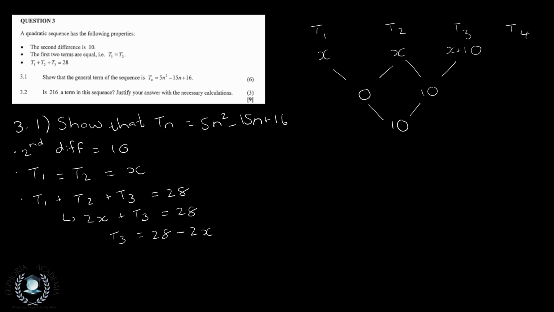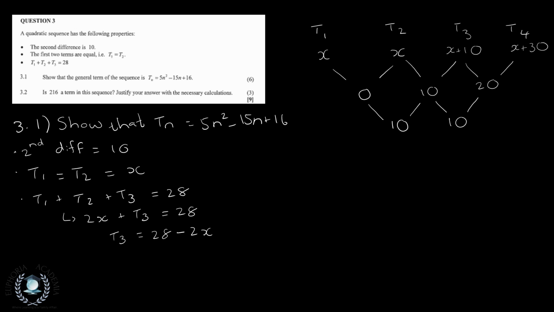We know that they have the same common difference. So 10 plus 10, that is going to give us 20. And what we have here is x plus 10 plus 20. We're going to see that we have an x plus 30 as our term 4.